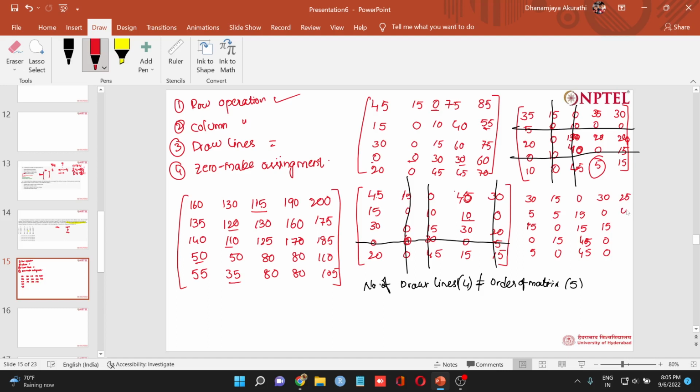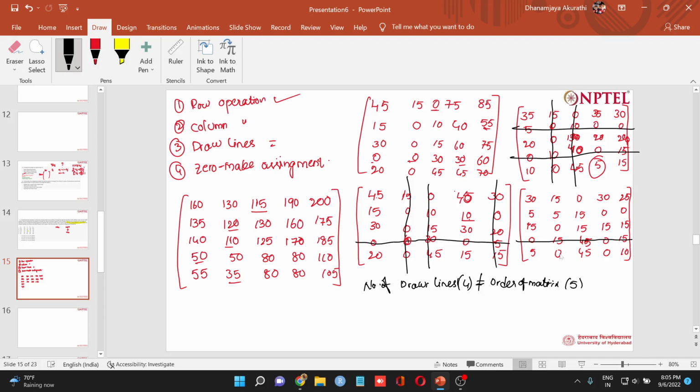25, 0, here it is 20. So now this is the matrix. Again you need to draw the lines covering all the zeros, with the minimum number of lines to cover all zeros.